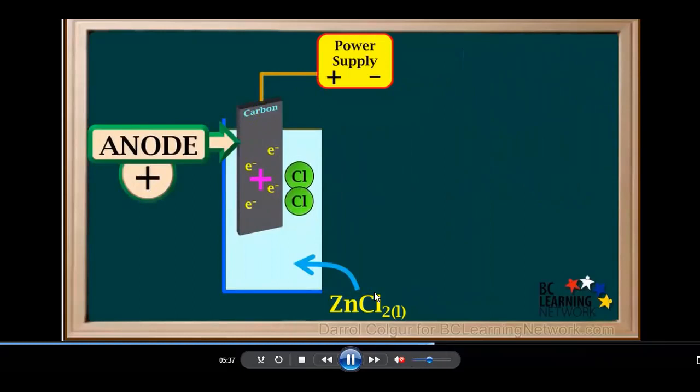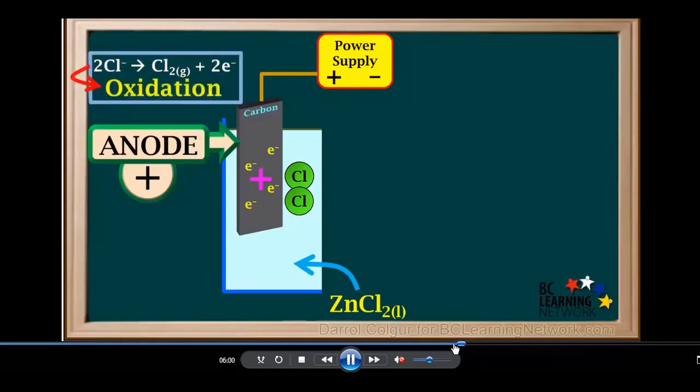Losing electrons is considered an oxidation process, which occurs at the anode. So, in brief, the summary for this point is that the anode is the positively charged electrode where oxidation occurs, and the cathode is the negatively charged electrode where reduction occurs.